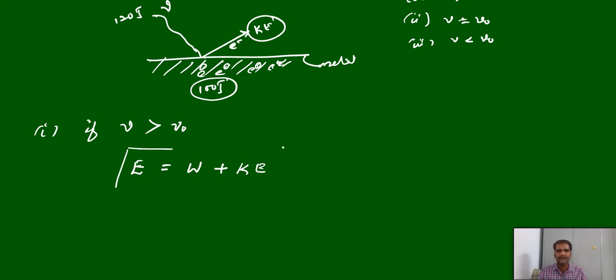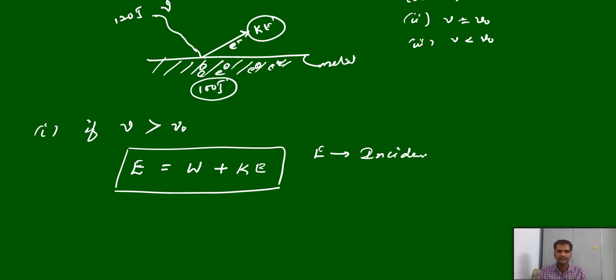And this is the formula, where E means incident energy, or incident photon energy, photon or radiation, and where W is the work function.